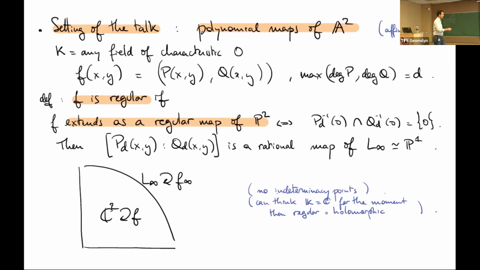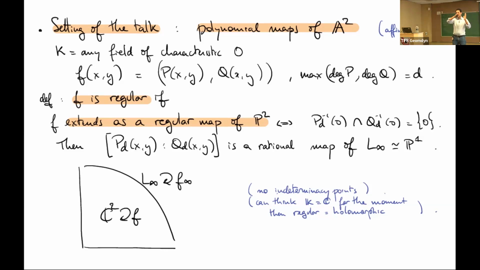If you can solve algebraic equations, it's very easy to check this condition. If it is satisfied, then (P_D : Q_D) defines a well-defined rational map of P^1. And this P^1 is exactly the line at infinity.